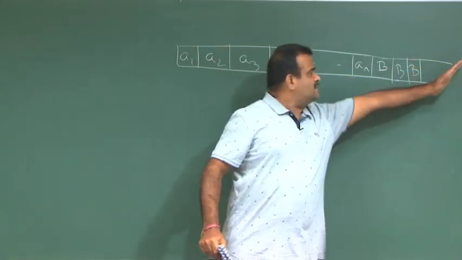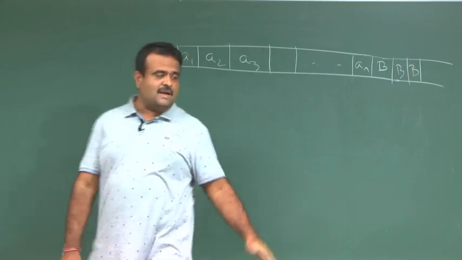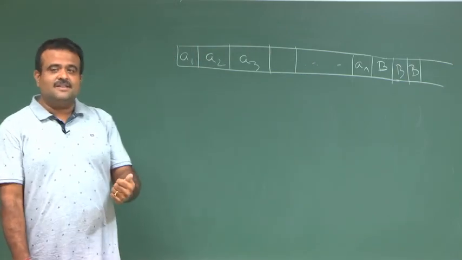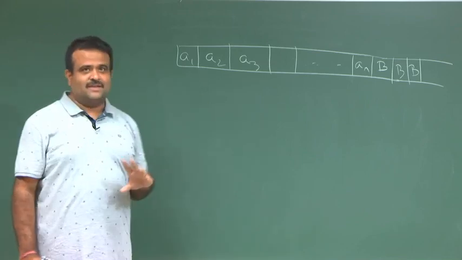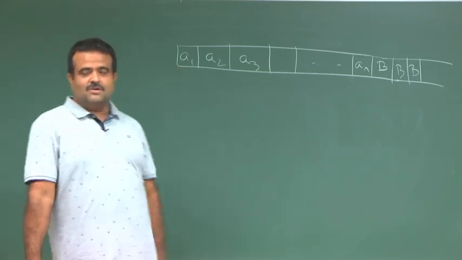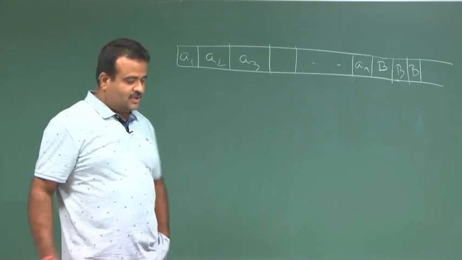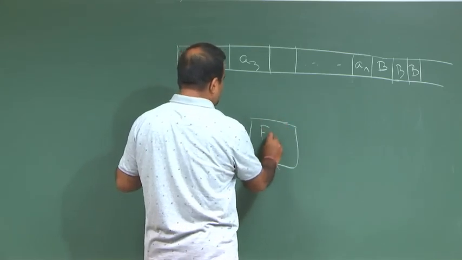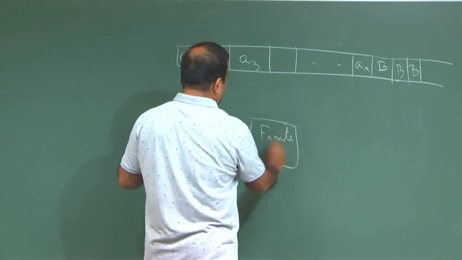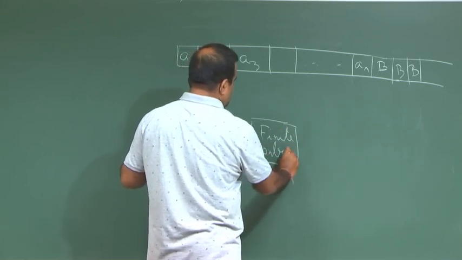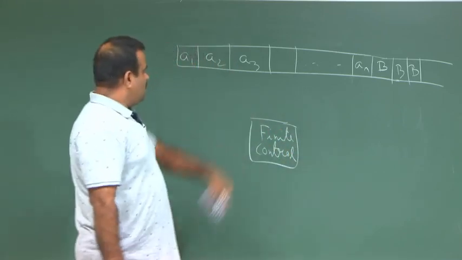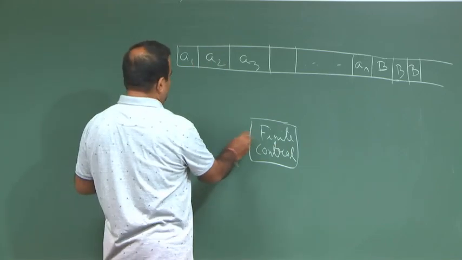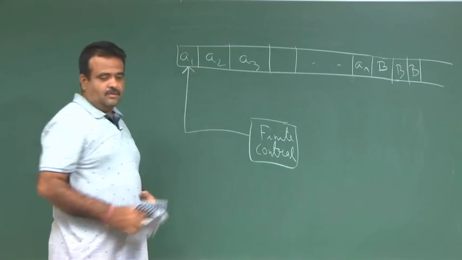This end is infinite, but on this end we can bound it, though there is another version where both ends are infinite. We will take this version and define the Turing machine, and we have a finite control over here. That means there are many states which keep changing, and it is pointing to some part of the tape.